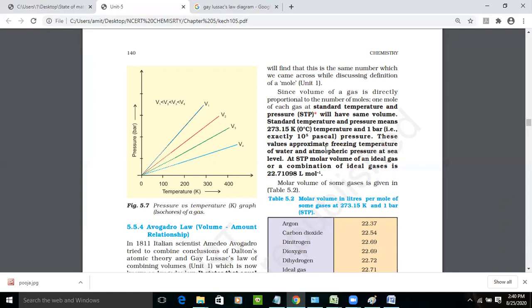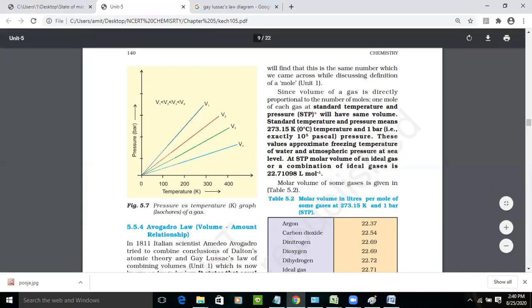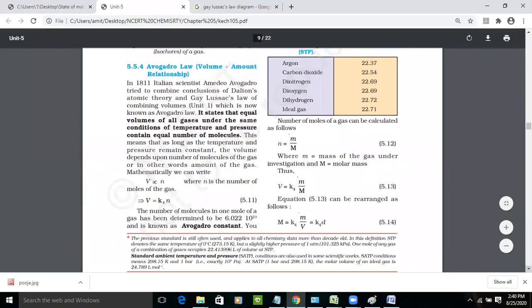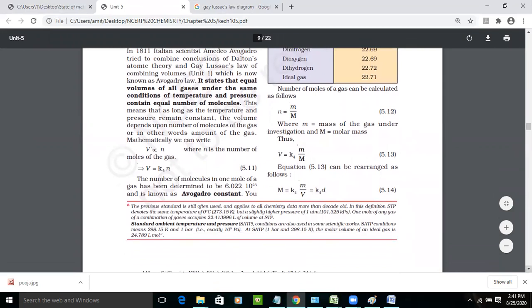So at standard conditions, we have the molar volume of an ideal gas. If you want to find the molar volume, you have to calculate it. Here, at standard temperature and pressure, the molar volumes of some gases are given: argon, carbon dioxide, dinitrogen, dioxygen, dihydrogen, and other ideal gases. How can you relate it to the molar mass and mass of the gases?